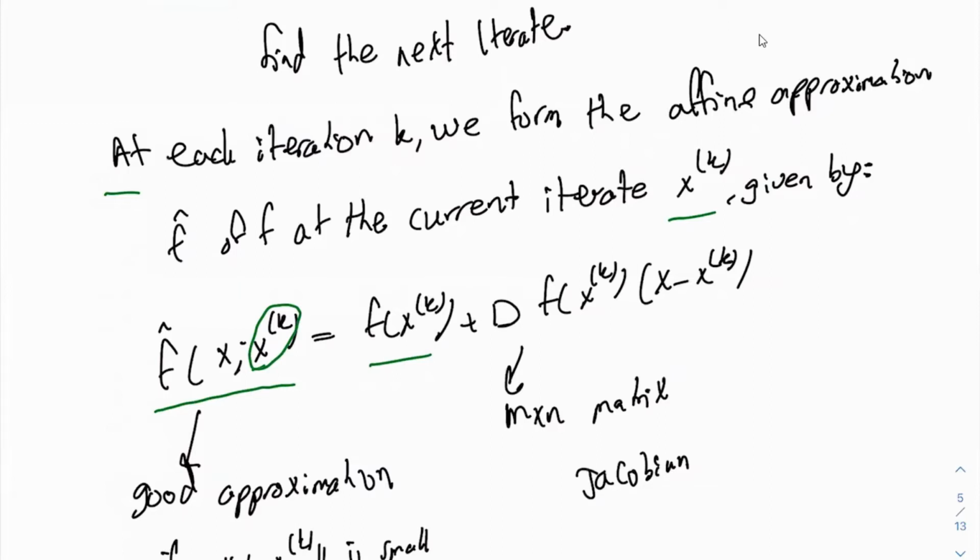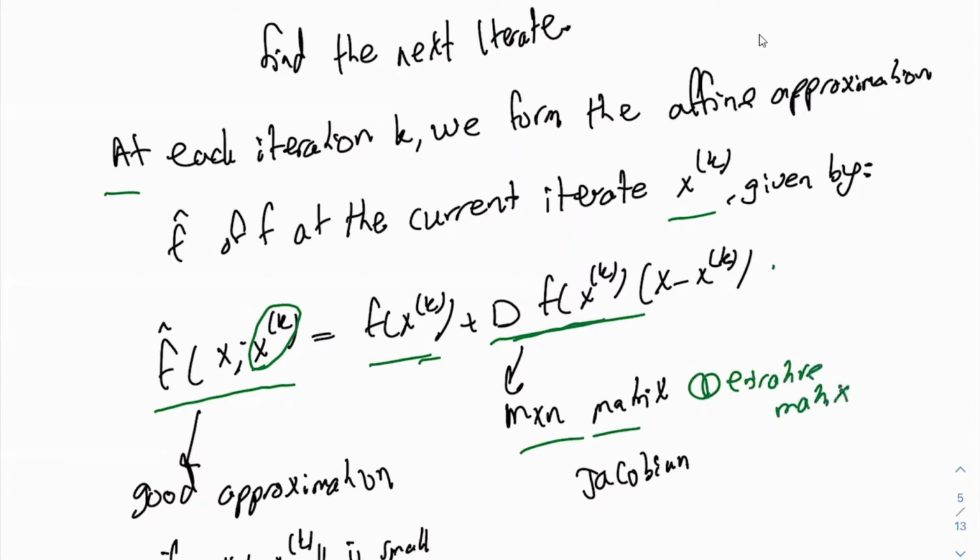This is nothing but a first-order Taylor approximation, but for the matrix and vector case. It is equal to f of x of k plus Df of x of k times x minus x of k, which is an n by n Jacobian or derivative matrix.